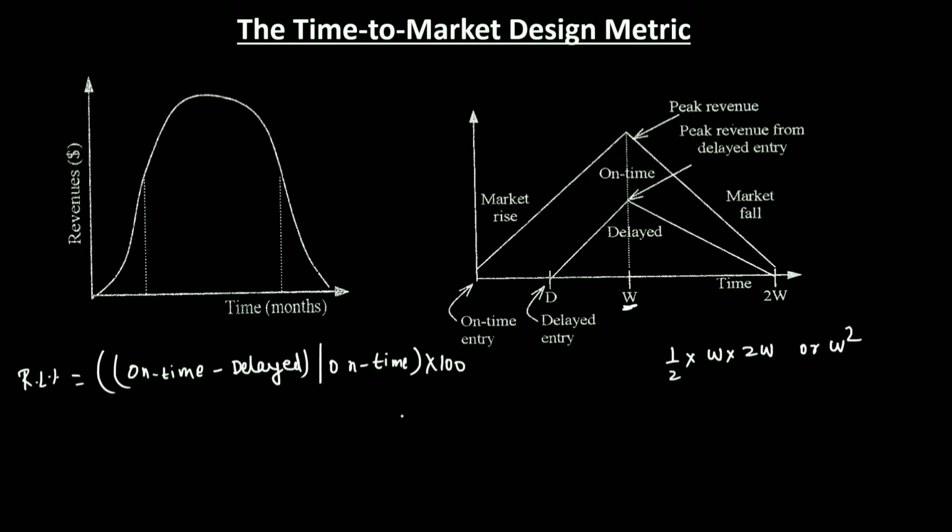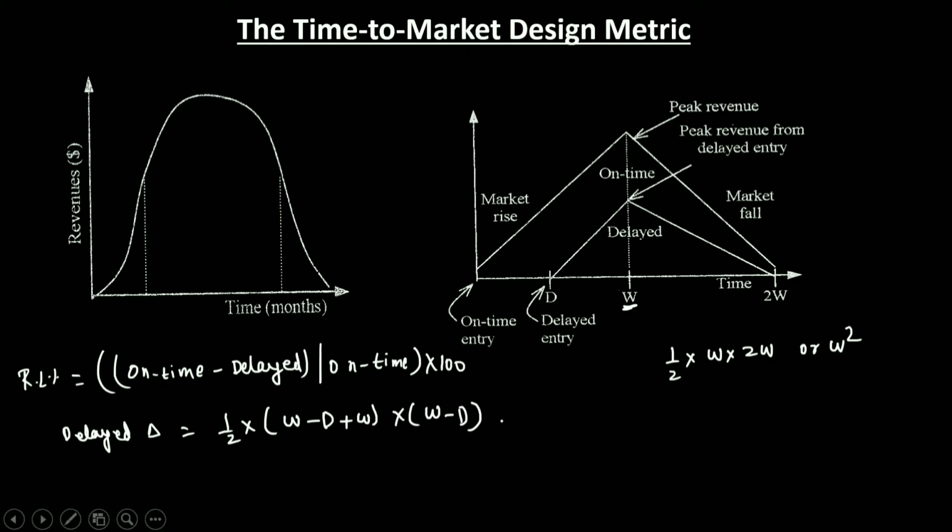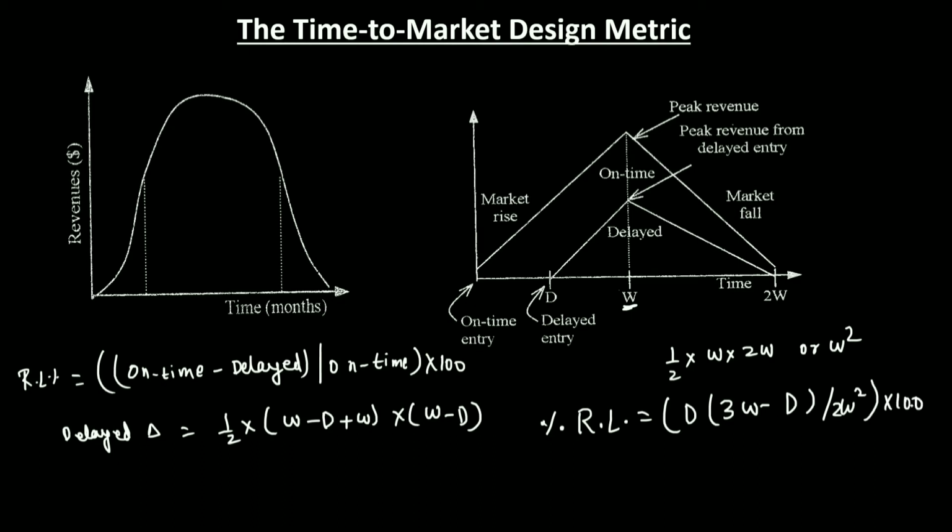The area of delayed triangle we can write as half into W minus D plus W multiplied by W minus D. After algebraic simplification, we can obtain the percentage revenue loss as D(3W minus D) divided by 2W square, and then multiplied by 100.